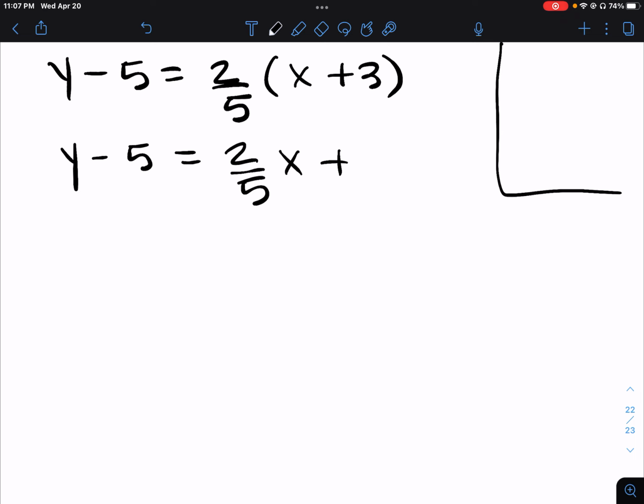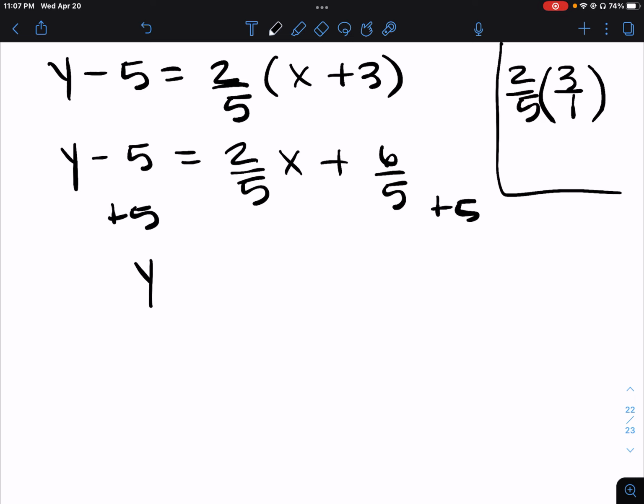2 over 5 times 3 over 1 is 6 over 5. I multiplied 2 over 5 times 3 over 1. Now I need to add 5 to get y by itself. 6 over 5 plus 5 over 1.